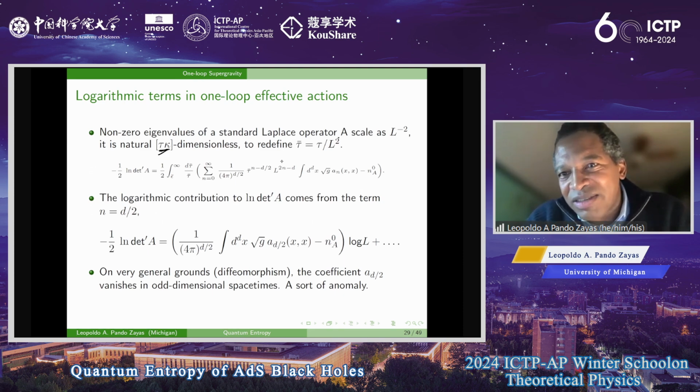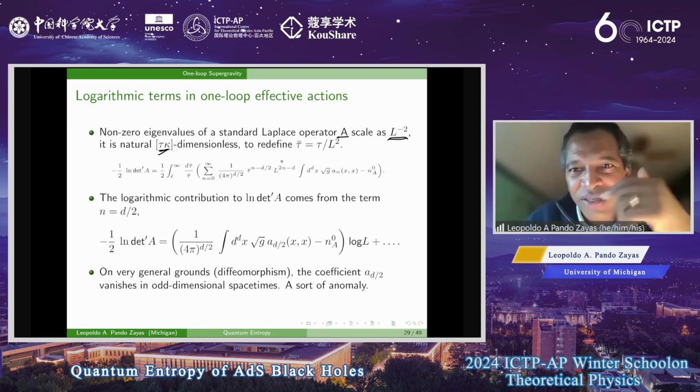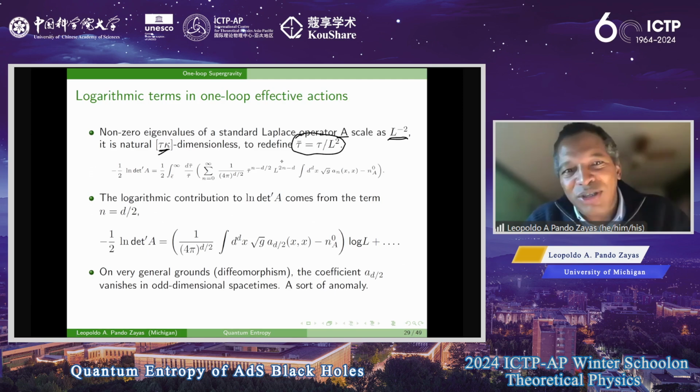And for an operator A, think of the Laplace operator, it will scale as one over the size of the space squared. So it makes sense to consider this dimensionless quantity, τ bar. And now I substitute τ bar here, and I'm looking for a term that would be linear, or sorry, logarithmic in L.